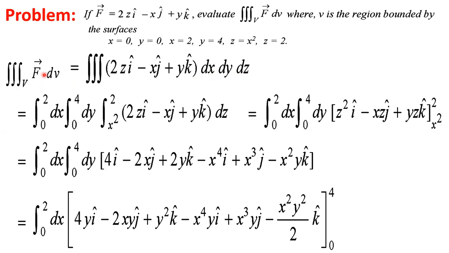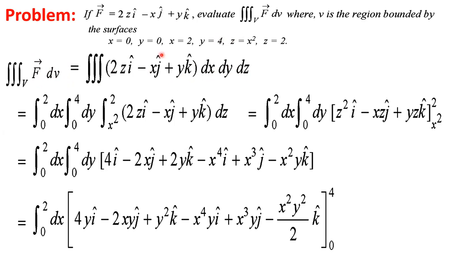And as I mentioned in the first slide, dV is a scalar quantity, so I do not need to put any dot or cross product here. Now, just put the value of this F and multiply it with the volume element in rectangular coordinate system, and then do this integration.